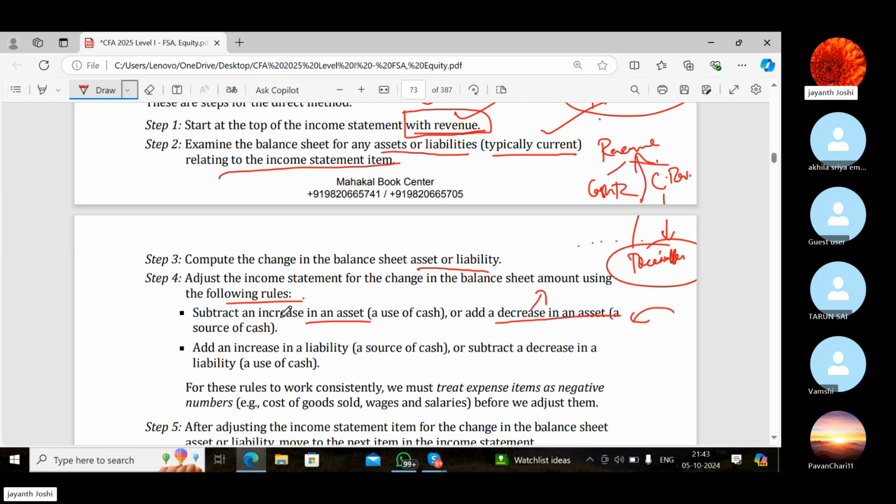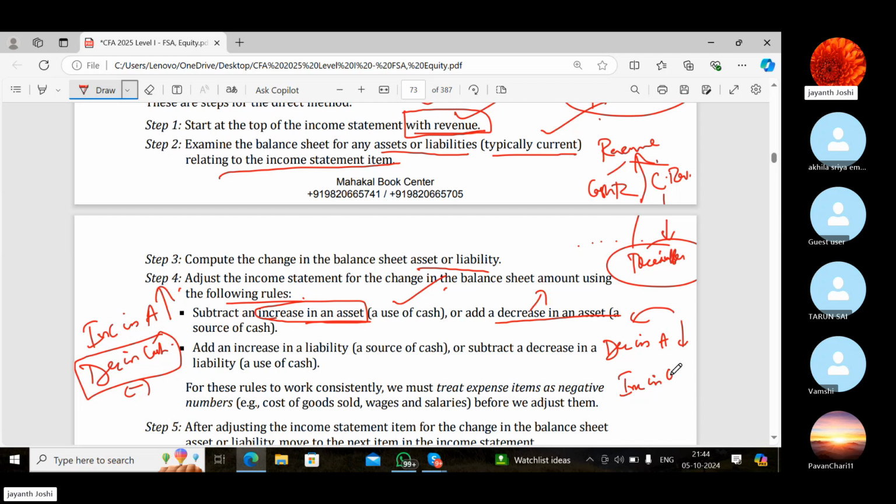When you purchase, the asset increases, and then you need to pay cash for that. So an increase in asset is a decrease in cash, so it has to be subtracted, and a decrease in asset is nothing but a sale of asset, an increase in cash. You need to add.